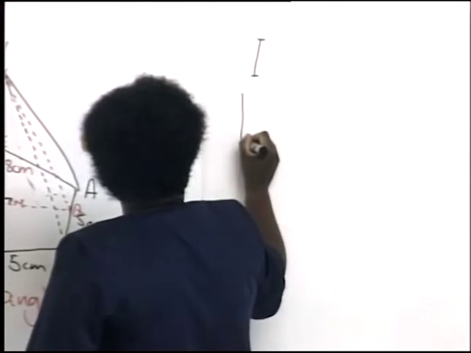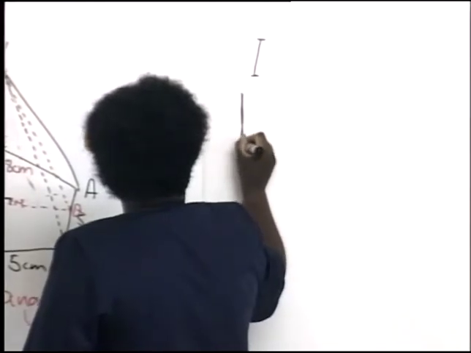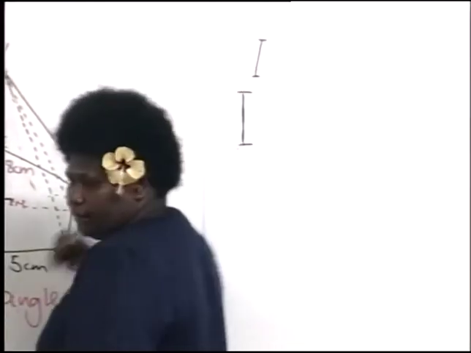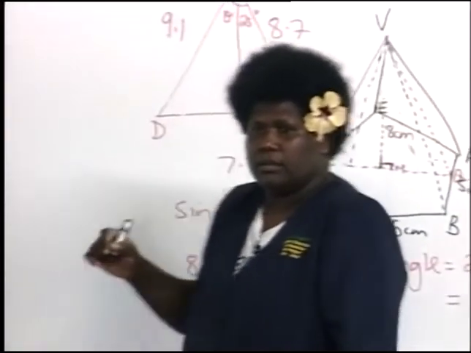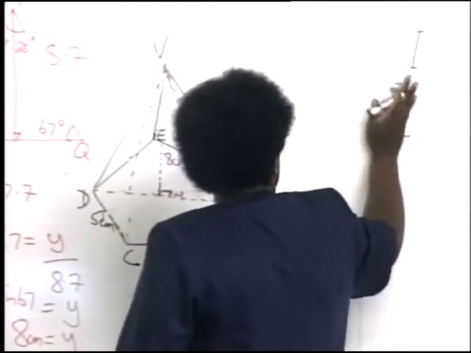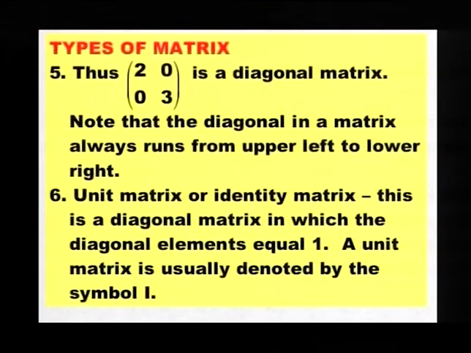The one I have on the screen is straight because of the font I used. That would be the example of a unit matrix.